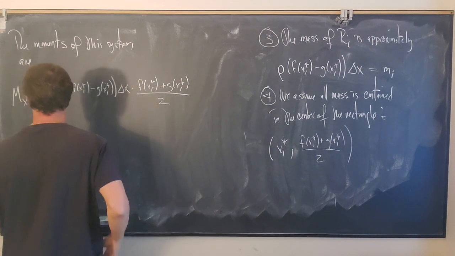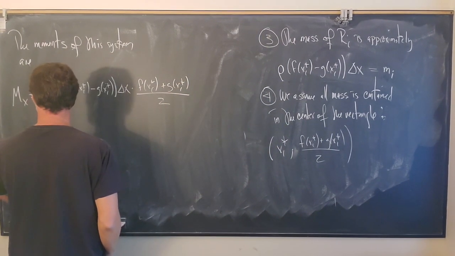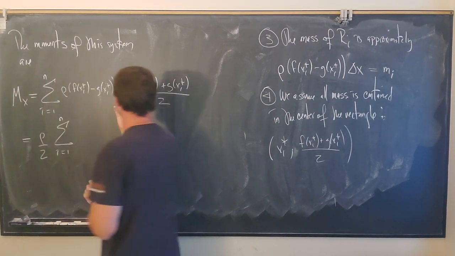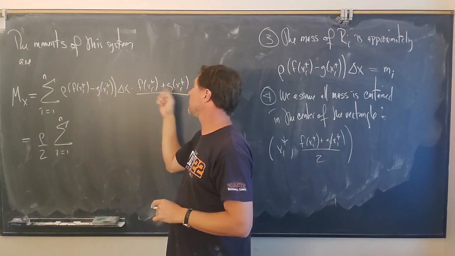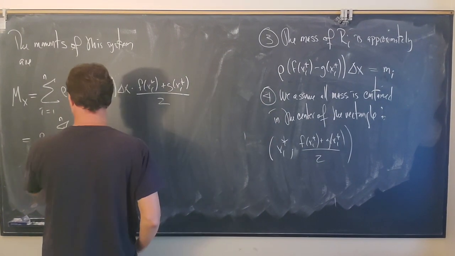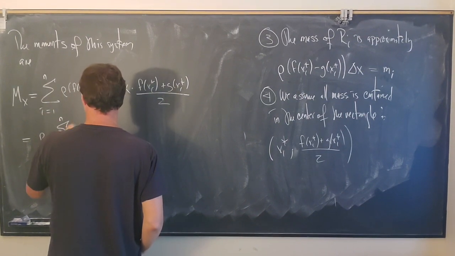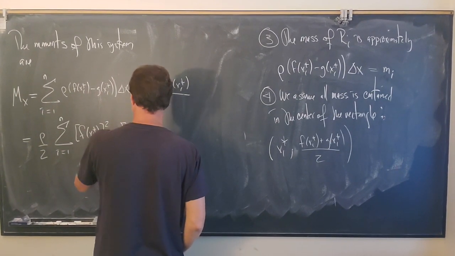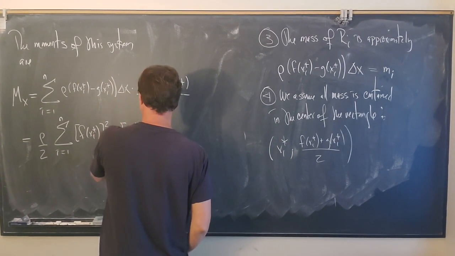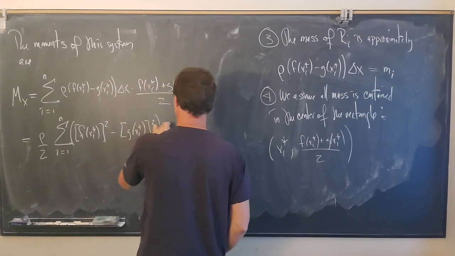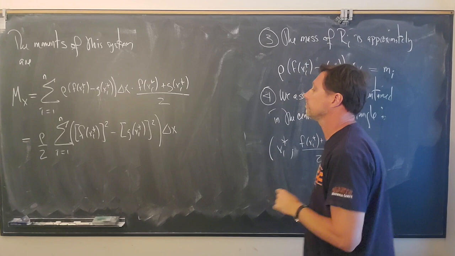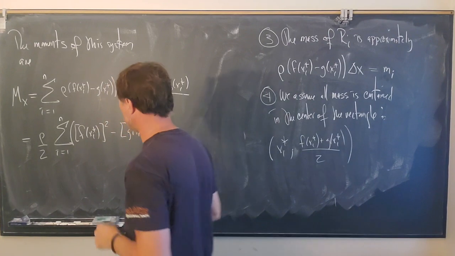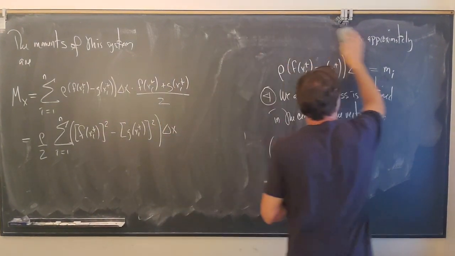And so what we'll get is rho over 2 sum i equals 1 to n. Now, if you ignore this delta x, what we have here is a difference of 2 squares. So this will be f of xi star squared minus g of xi star squared times delta x. All right, so there's the moment with respect to the x-axis. We also have the moment with respect to the y-axis. Let me write that one down here.